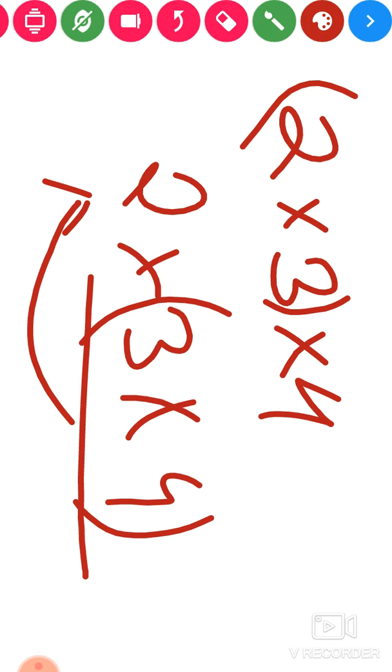We have also read in this chapter about multiplication of a given number with 10, 100 and 1000, and multiples of 10, 100 and 1000. That means if we have to multiply a given number, say 45 with 100, what will we do?